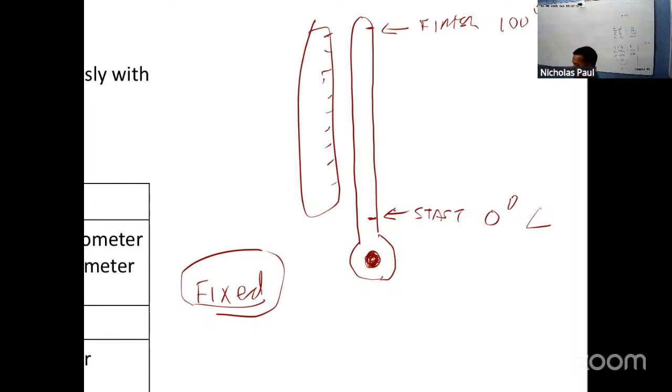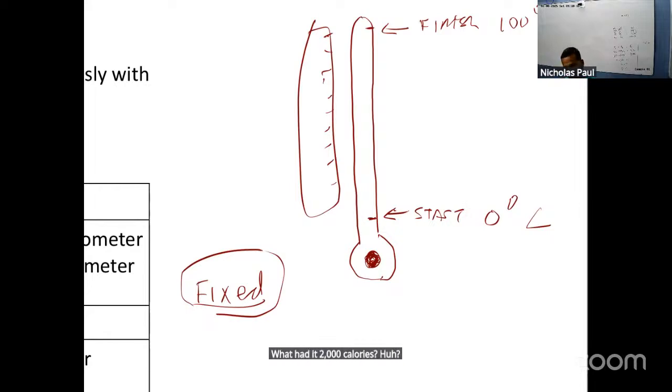Next, the steps to calibrate. There are 3 steps to calibrate. How to get all the markings on it? What are the 3 steps to calibrate?